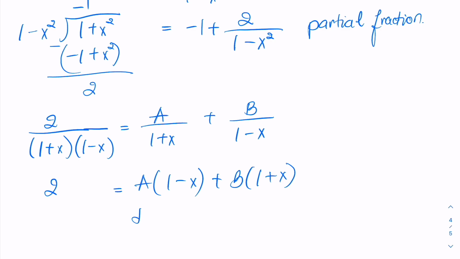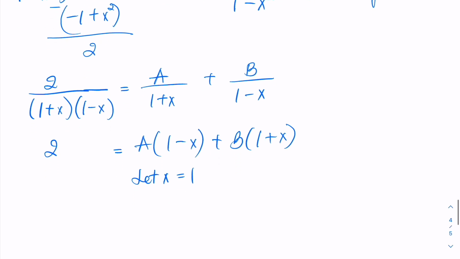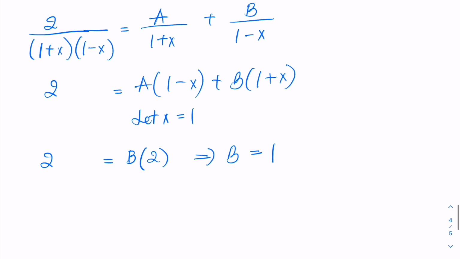If I let x be 1, A will cancel out for this one. So B is going to be B times 2. So B is going to be 1. Now we do the opposite.